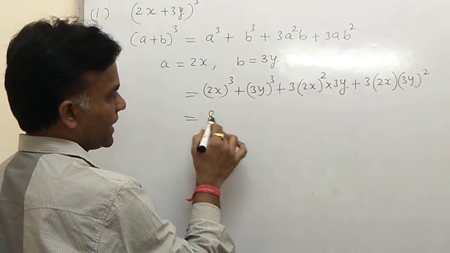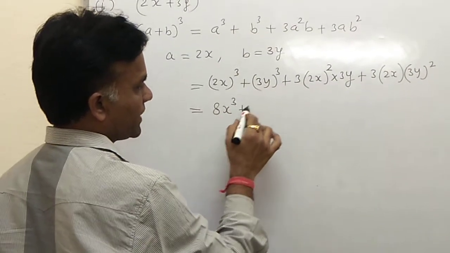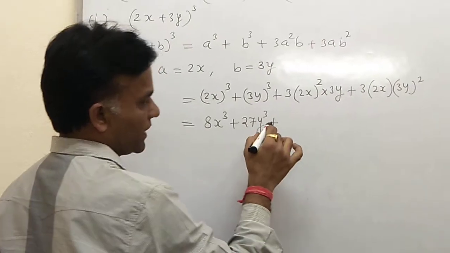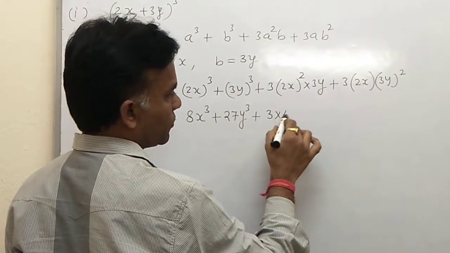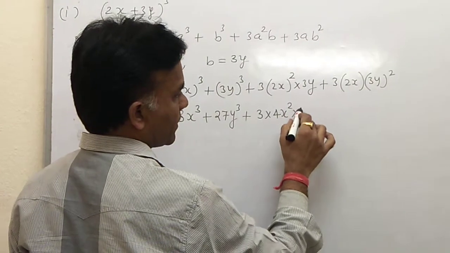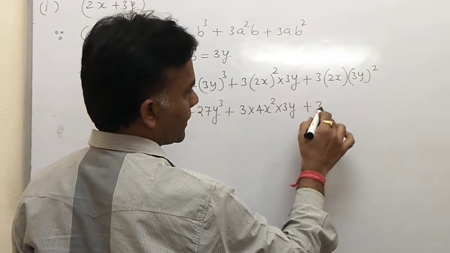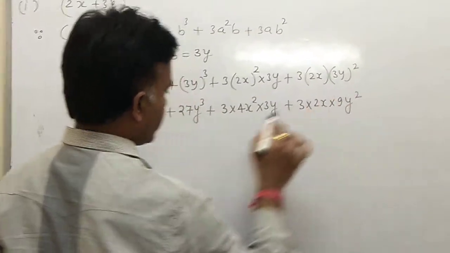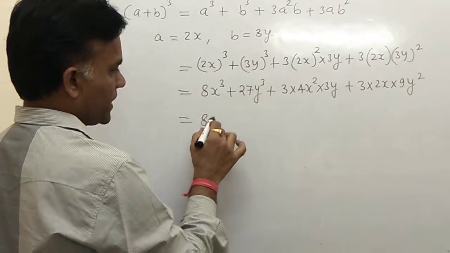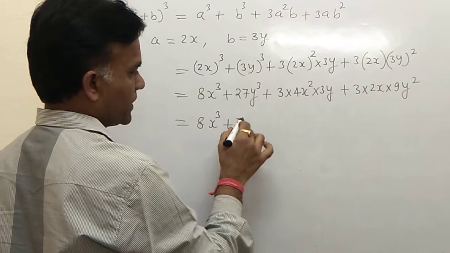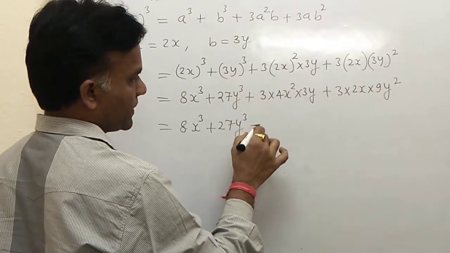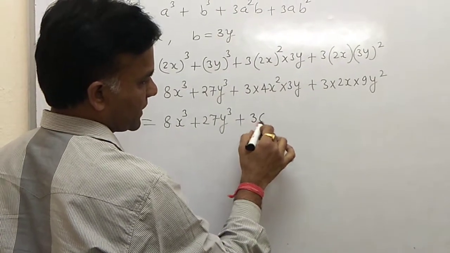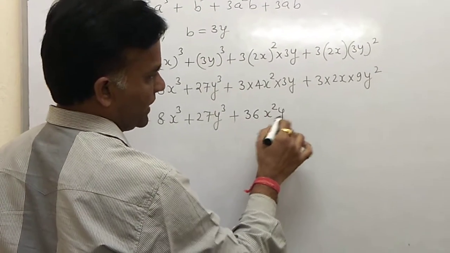2x cubed is 8x³, 3y cubed is 27y³. Similarly 3 into 4x² into 3y, and 3 into 2x into 9y². So 8x³ + 27y³ plus 3 fours are 12, 12 threes are 36, x²y.